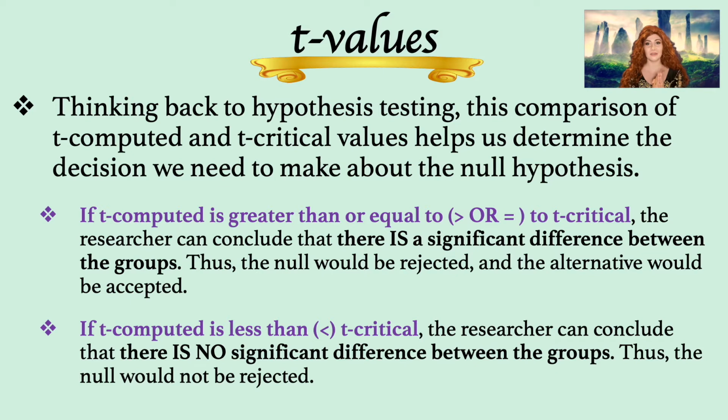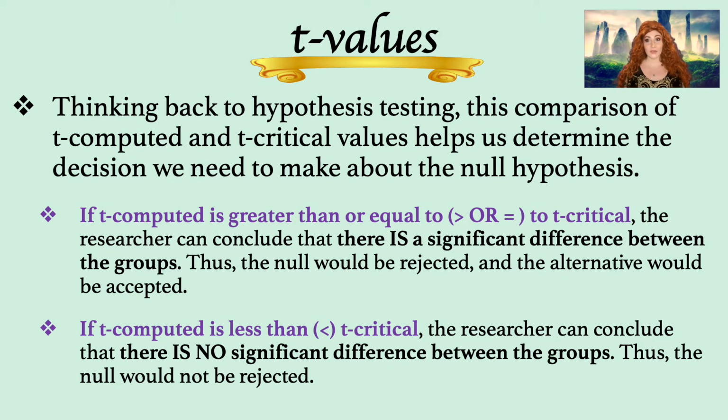If t computed, the value that we calculate using the sample mean minus population mean divided by standard error, is greater than the value we found for t in the critical table, then that means that there are significant differences between the groups. If the value we calculated using the formula is less than the value we found in the chart, then that means that there are no differences between the groups and the null hypothesis will not be rejected.